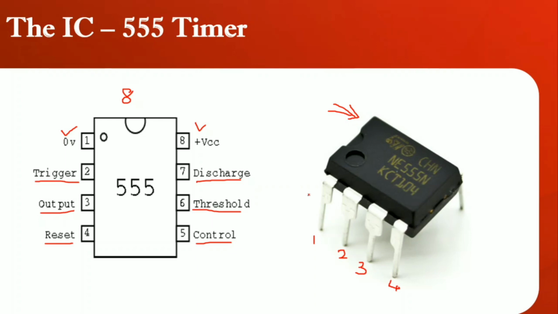Coming to the applications, what are the applications of the 555 timer? It is mainly used to generate pulses. It is also used for generation of square waves. Where do you use this square wave or pulse? First I'll tell you about the pulse. You might remember the SR flip-flop and JK flip-flop.